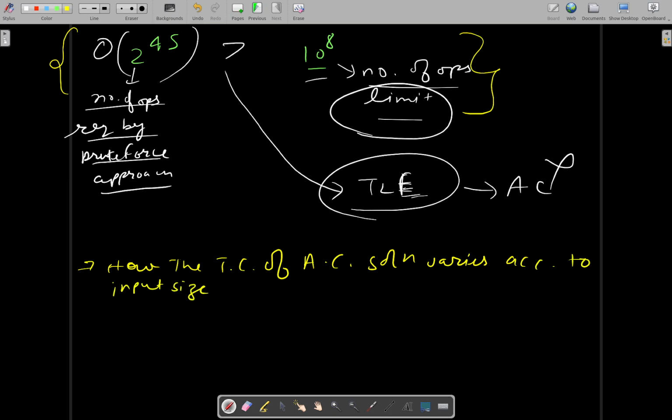You can explore this article and then you will be able to understand what this limit is for. So we have to optimize our solution somehow in order to get it accepted.